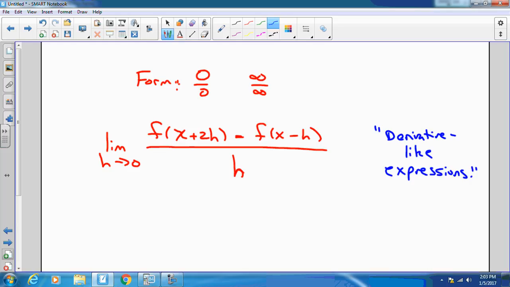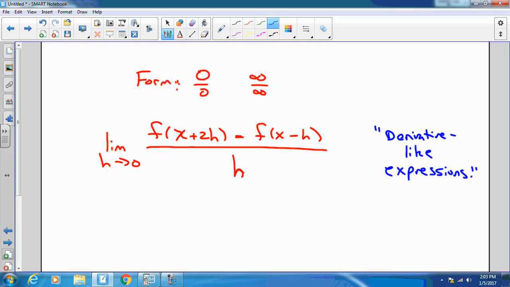The reason that they are derivative-like expressions is that this entire quantity in the top right here looks very, very similar to the difference quotient, f of x plus h minus f of x all over h. But it's somewhat different from the difference quotient. And so we wonder, what is it in relationship to the difference quotient? We can use L'Hopital's rule to figure that out.